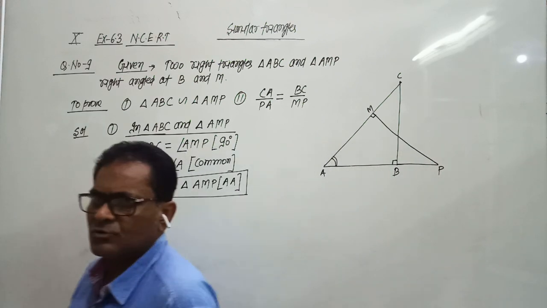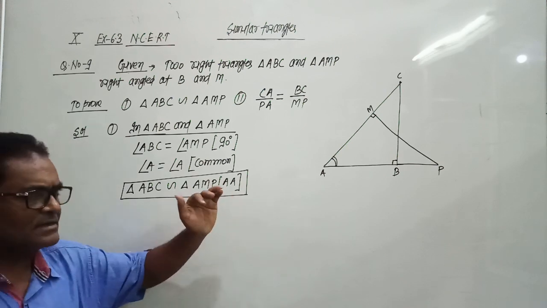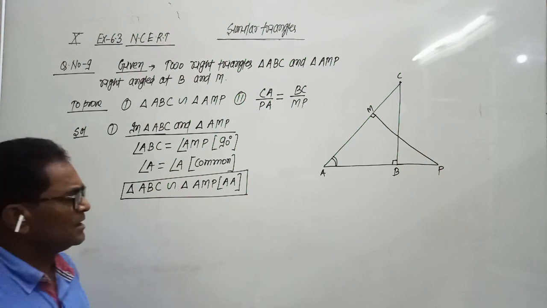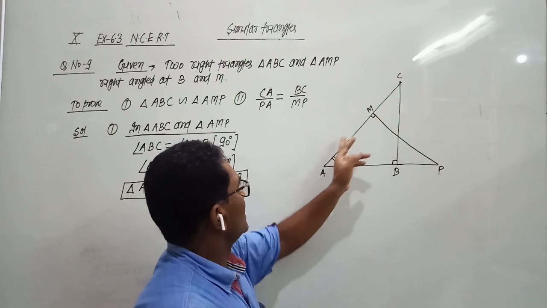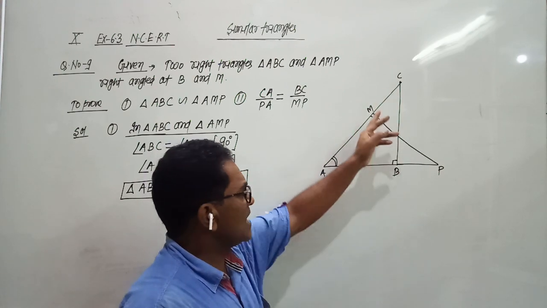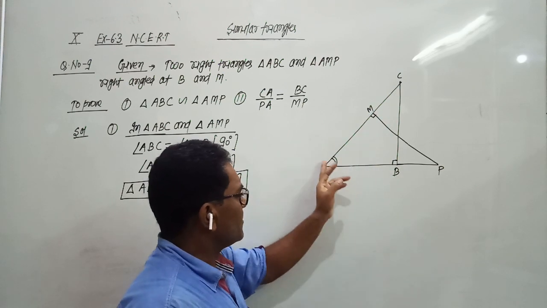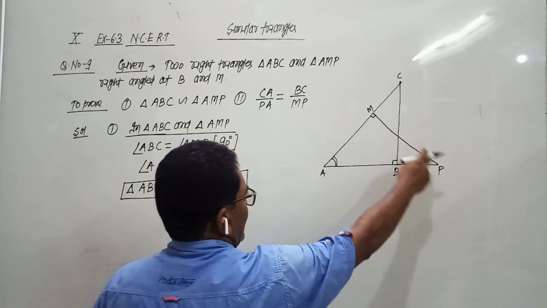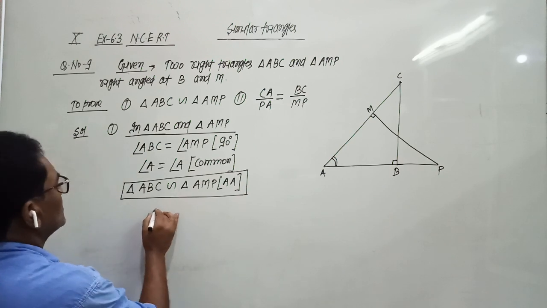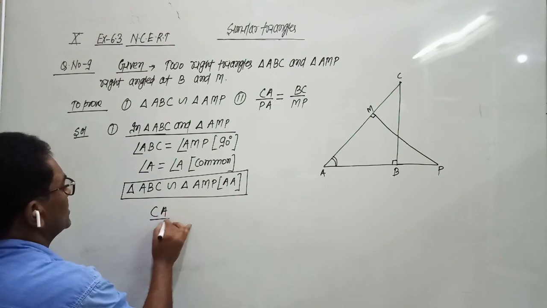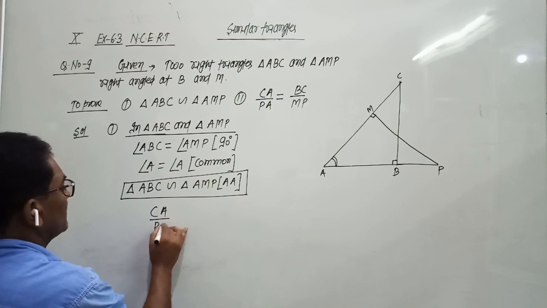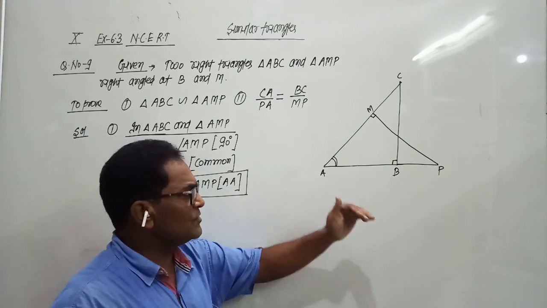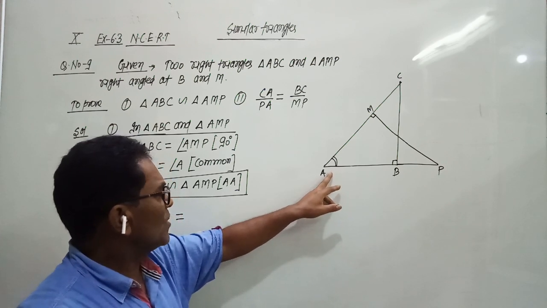So the hypotenuse of triangle ABC upon the hypotenuse of triangle AMP, which is PA, the ratio CA upon PA, is equal to the ratio of the perpendiculars of both the triangles.